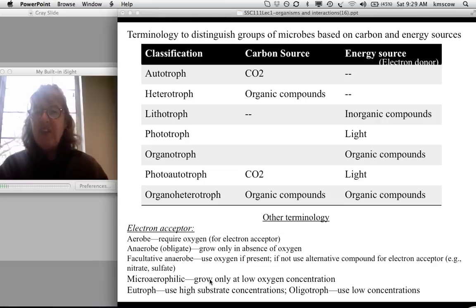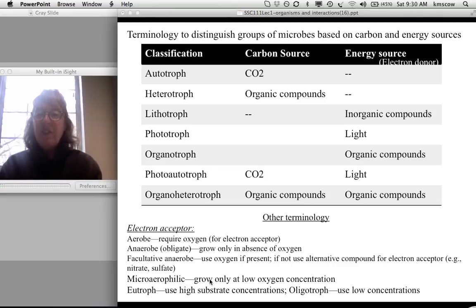We also have these terms that refer to whether you can use really high substrate concentrations. You can go to those all-you-can-eat places and really pig out. So eutrophs are very good at monopolizing high substrate concentrations, but there's also oligotrophs that are organisms that can only use low substrate concentrations. Substrate here refers to a compound that an organism can use as a carbon and energy source.